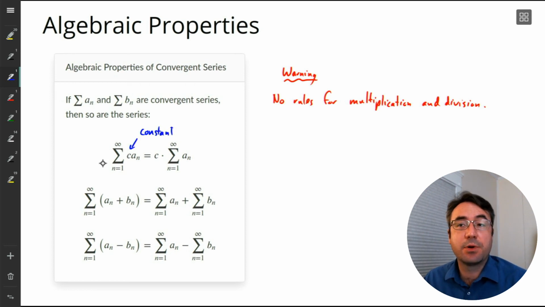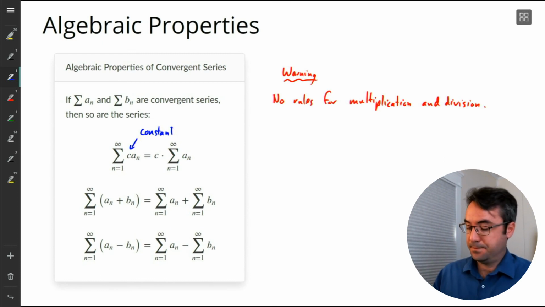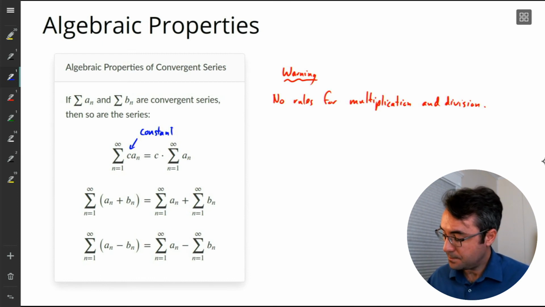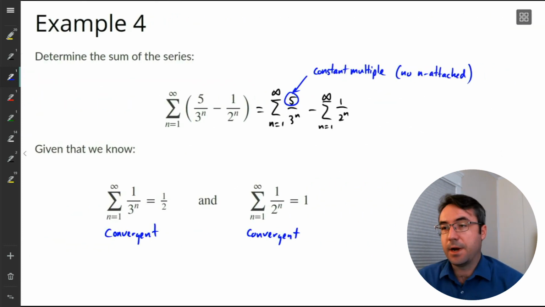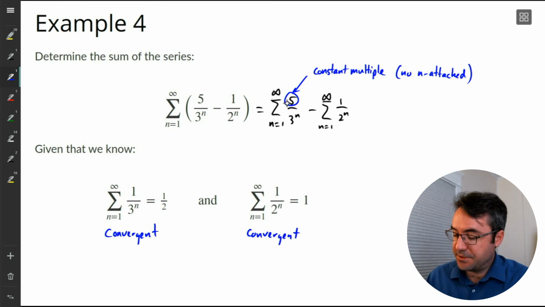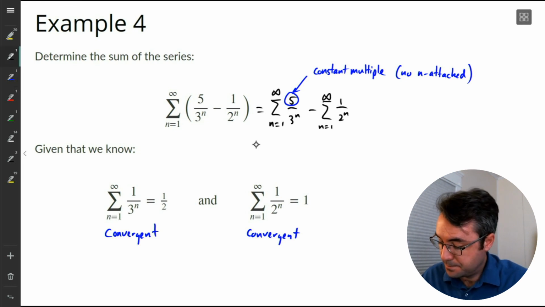We can bring it out in front of our series and just have it in front. That's what we're going to do. And while we're here, we also have the subtraction property that we used. We had two terms being subtracted, and we just broke the series up. All right, so let's get this 5 out of there. We're going to put the 5 in front.